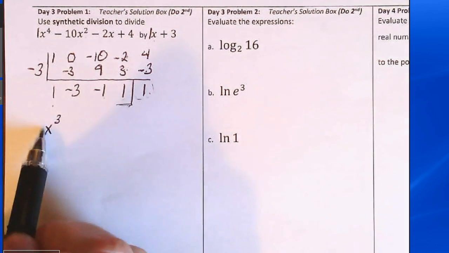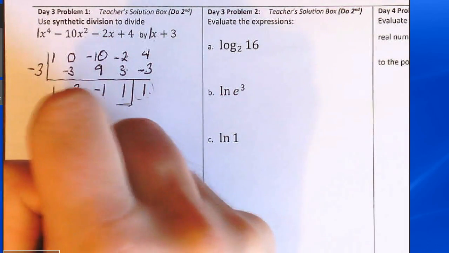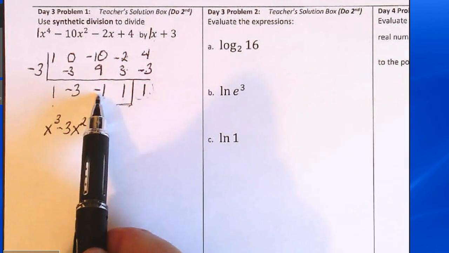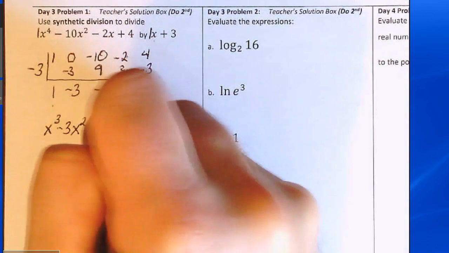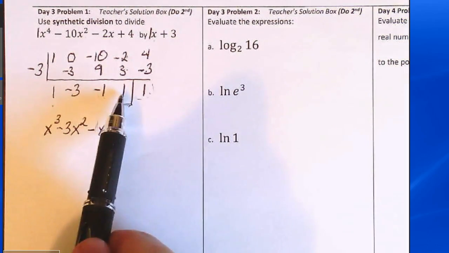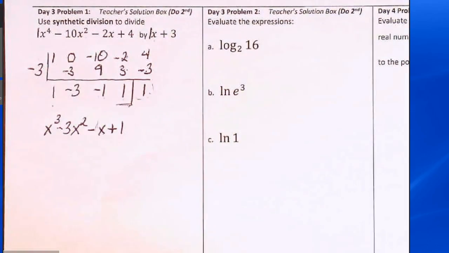You don't have to put a 1 in front of it. Then we have negative 3 x squared. Then we have negative 1 x. You might just say negative x instead of negative 1x. And then we have a positive 1, or a plus 1.